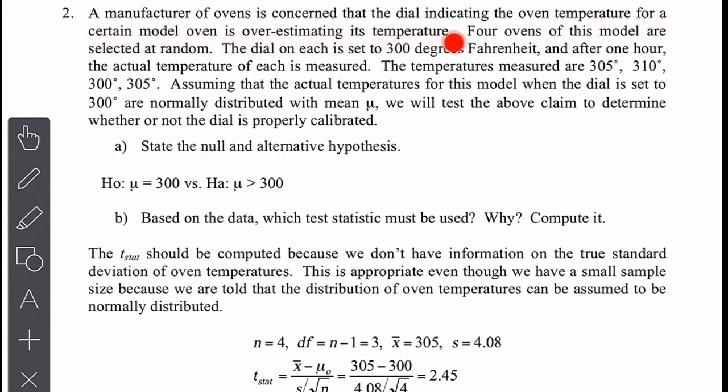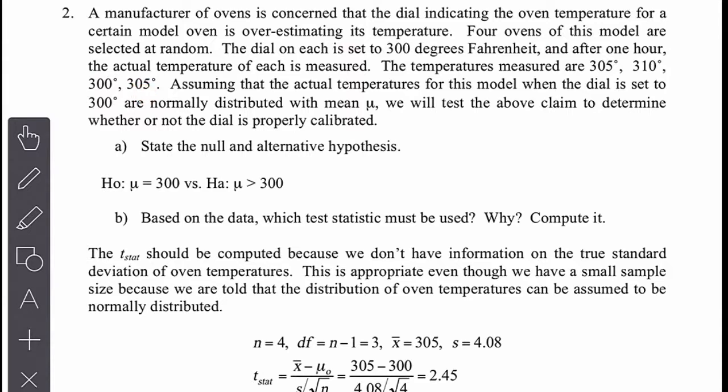So it's saying it's hotter when it really isn't. Four ovens of this model are selected at random. The dial on each is set to 300, and after 1 hour, the actual temperature of each is measured. So it's set to 300, but each oven turns out to have a temperature different from 300. Just one has 300 measured.